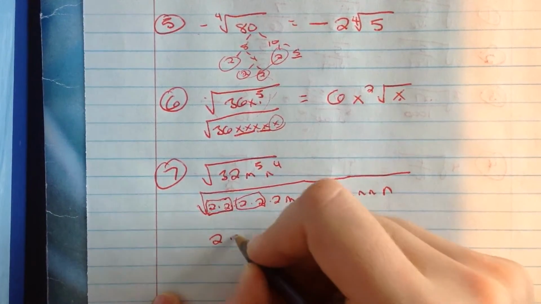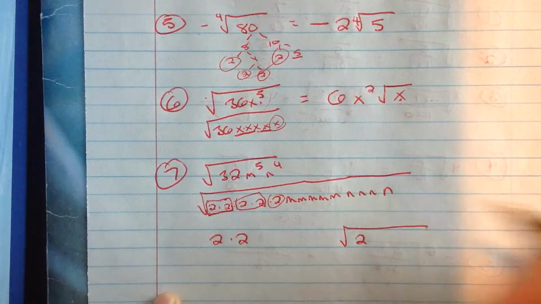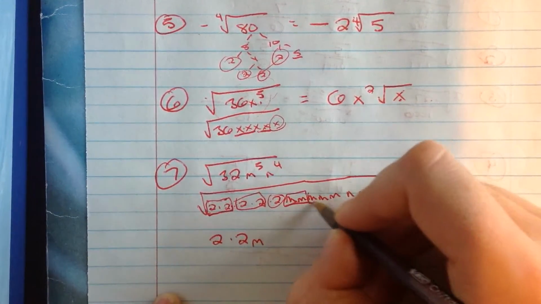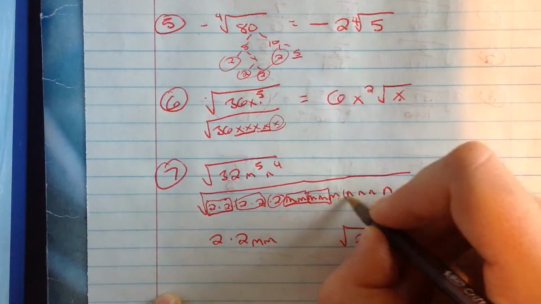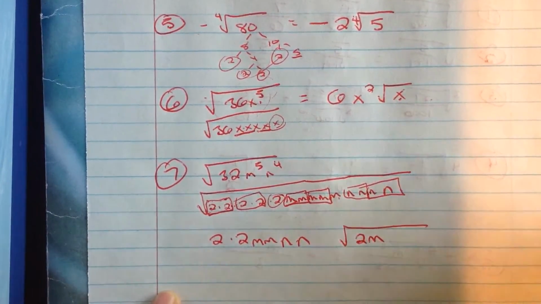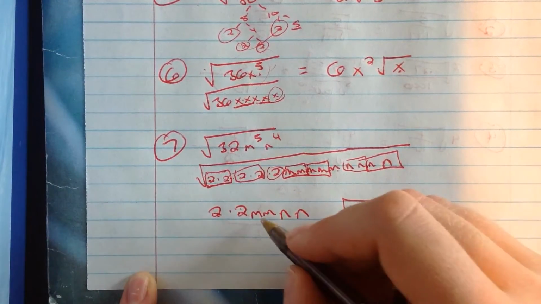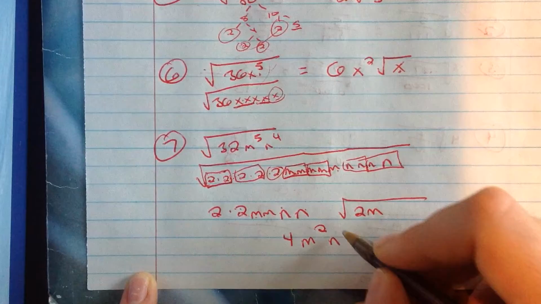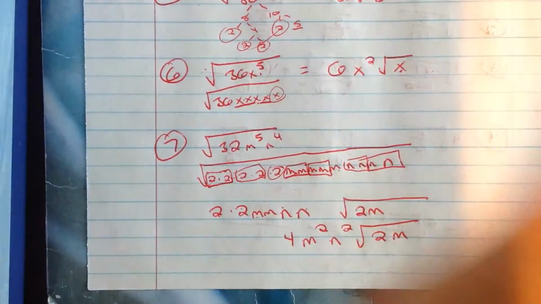So I have 2 2's pulled out front, leaving 1 2 inside. Here's a pair of 2, here's a pair of 2, leaving 1 inside. Here's a pair of 2, here's a pair of 2. Simplifying this, 2 times 2 is 4, m times m is m squared, n times n is n squared, square root of 2m.